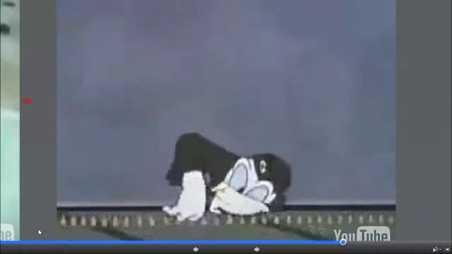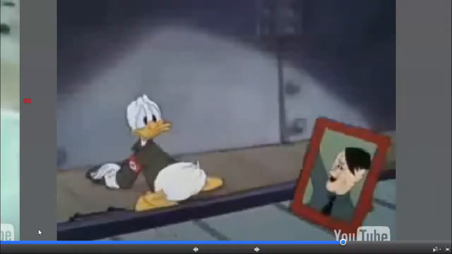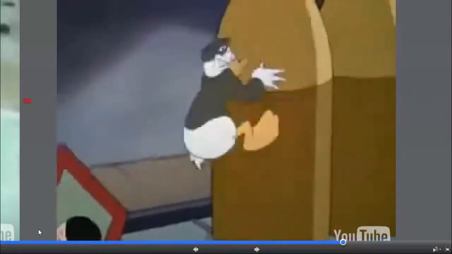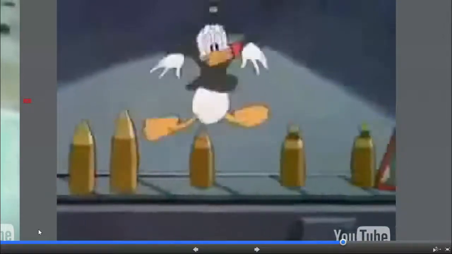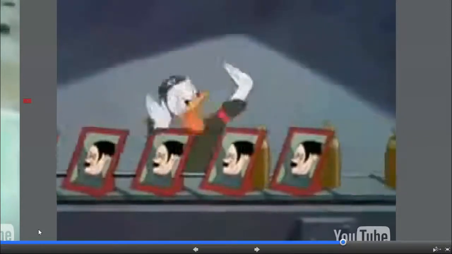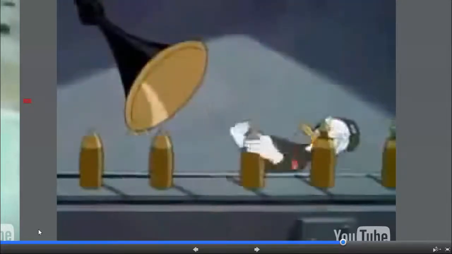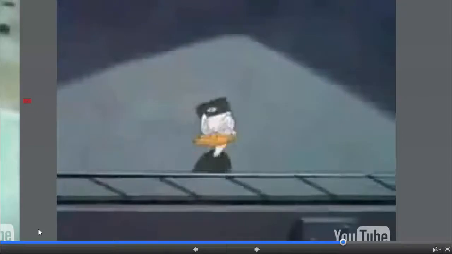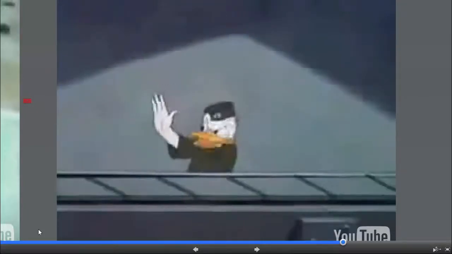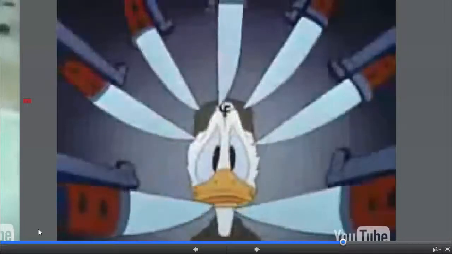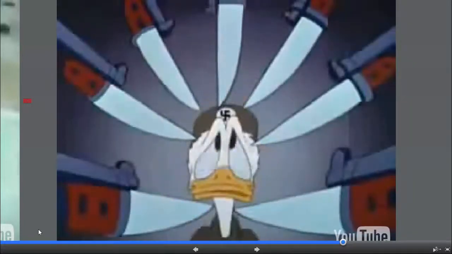If one little shell should blow him right through, he'd heil, and wouldn't that be swell? Is this not wonderful? Is not our Führer glorious? Heil Hitler! What's that you say, Schweinhund? Verdammter Esel! Heil Hitler!